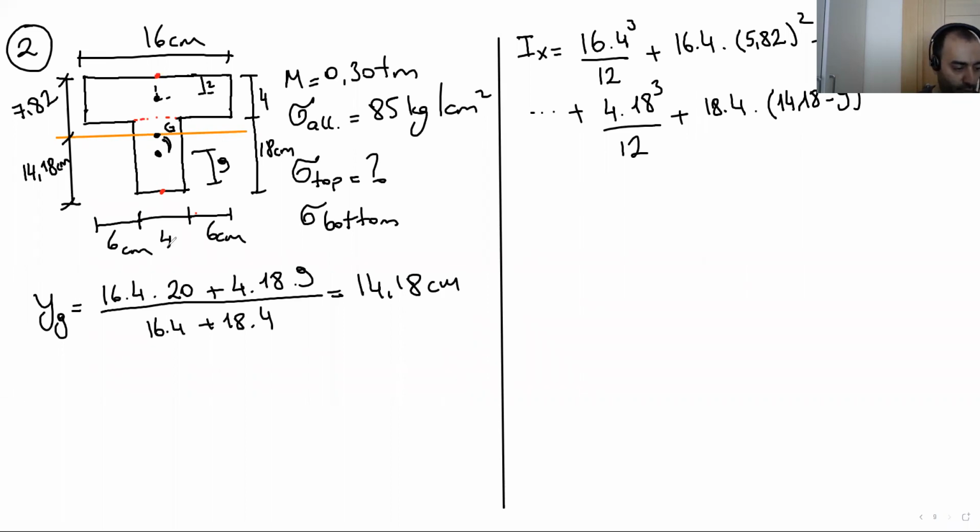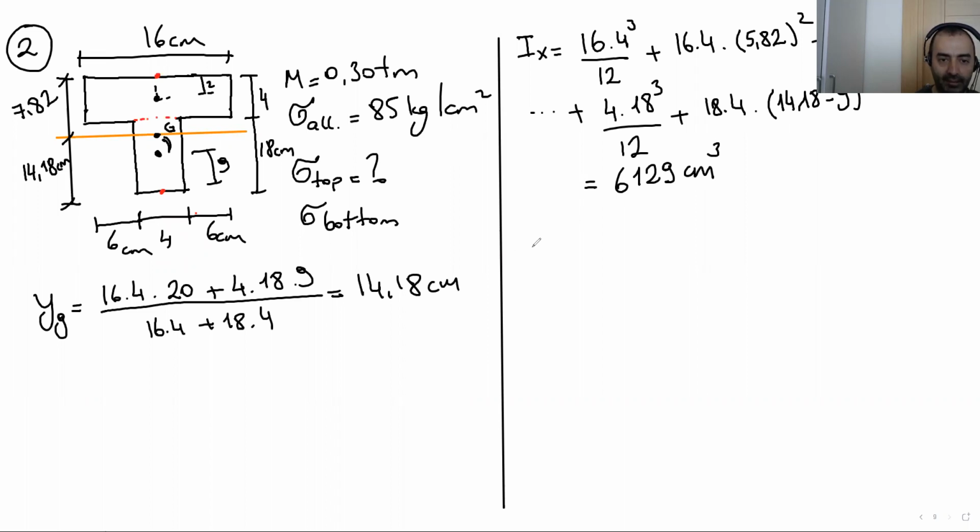So if we solve this equation, we will see what it equals. The result is here. This is the moment of inertia.